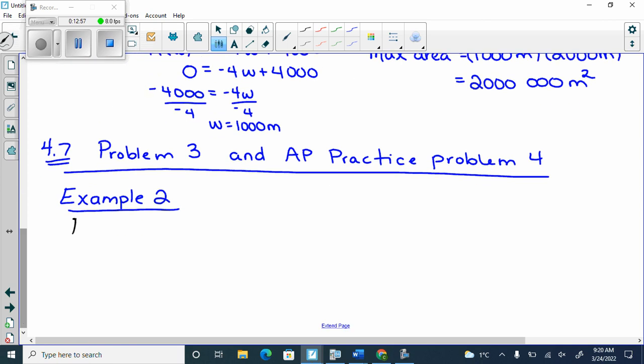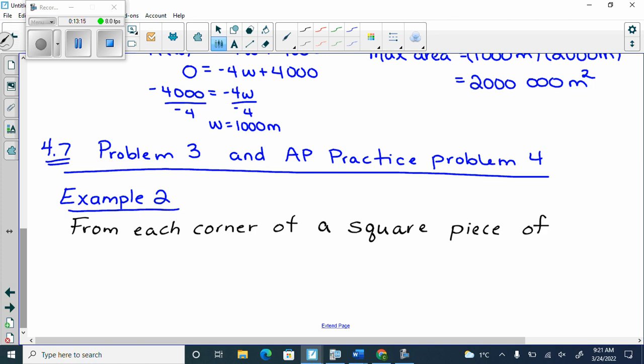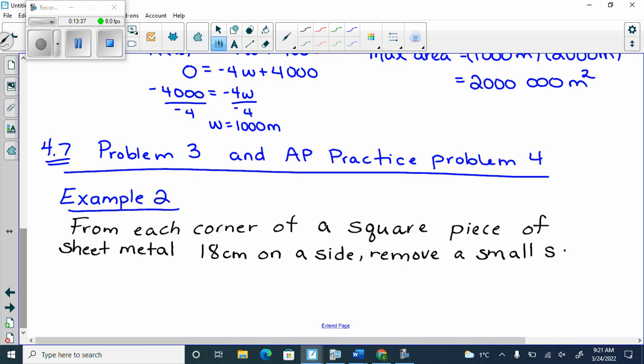So here we have from each corner of a square piece of sheet metal, 18 centimeters on a side, you'll remove a small square from each corner and turn up the edges.